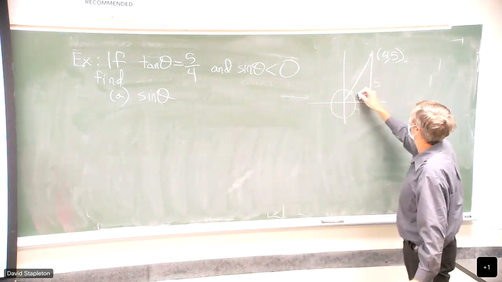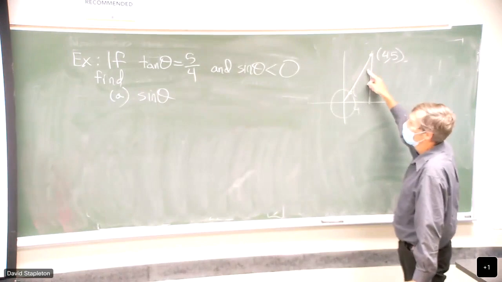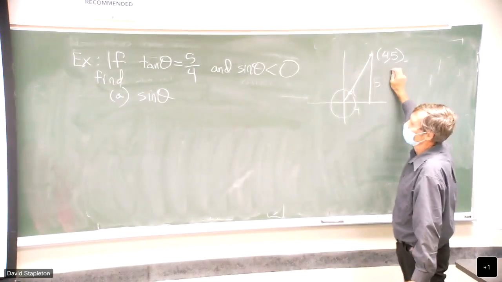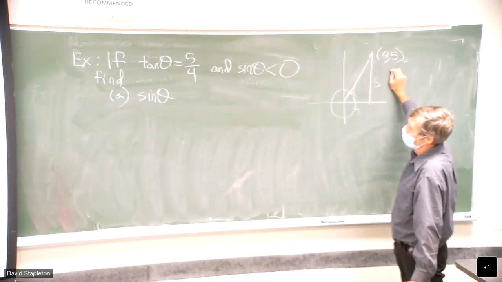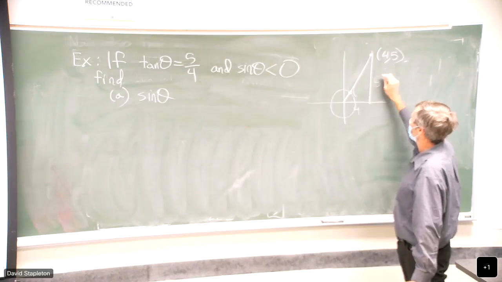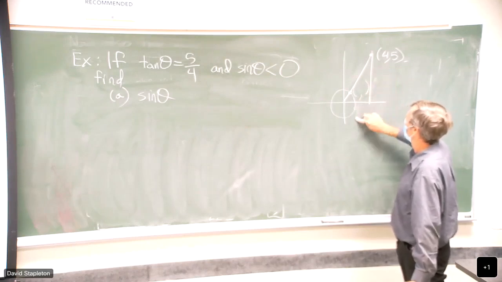You have to divide this by 5 and say this is 4/5. I'm sorry, divide this by, oh, this isn't even, I thought this was going to come out a 3, 4, 5 right triangle because of the 5 and 4, but it's not. Never mind. So this is actually going to have some coordinates here that aren't whole numbers this time.